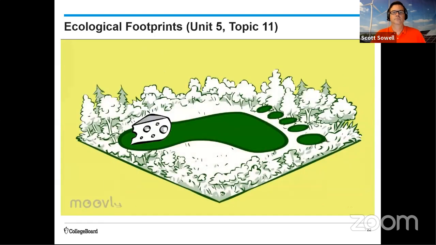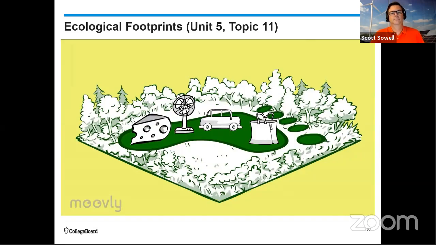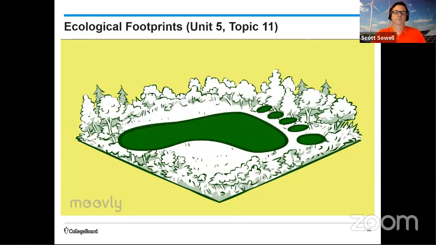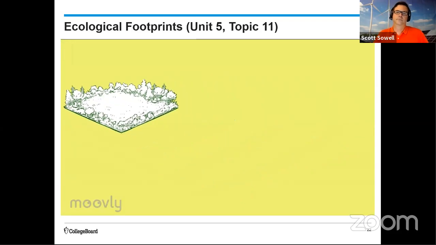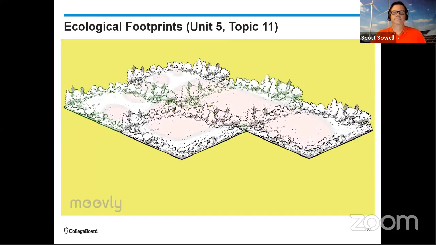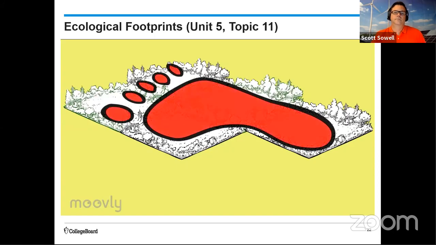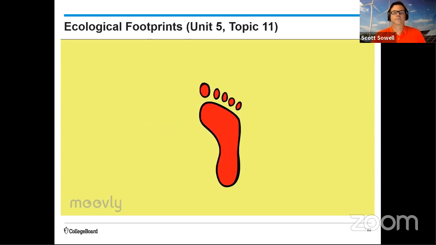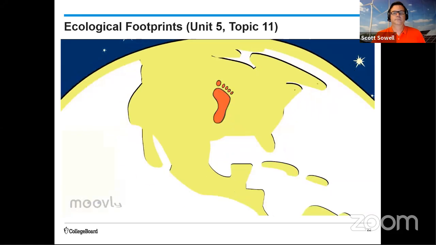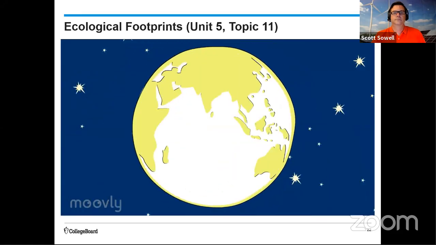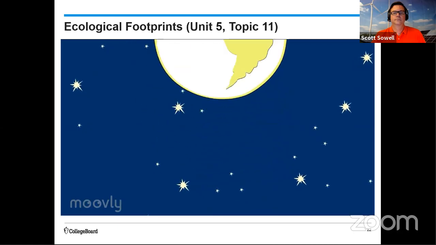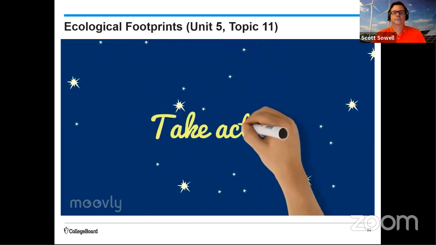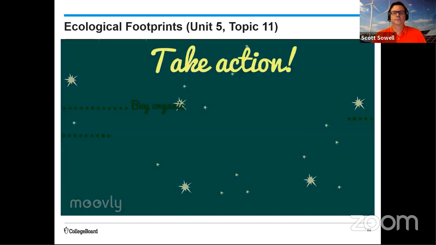Things like food, energy, transportation, goods and services all contribute to our ecological footprint. The footprint is expressed as the amount of land and water required to produce what we consume and to absorb the waste we generate. By measuring the ecological footprint, we can assess the pressure our lifestyle puts on the planet. This helps us to manage our ecological assets more wisely and to take personal and collective action.